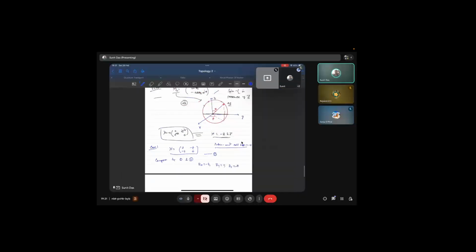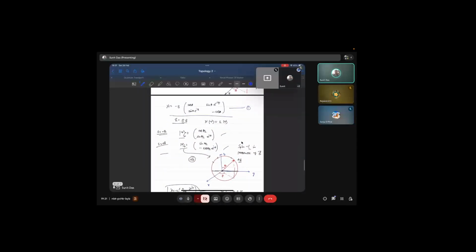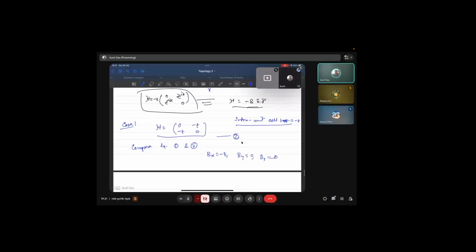So this one was our Hamiltonian, minus b, and then these parts, right? So we have minus t. Let me write it explicitly, then you will understand.